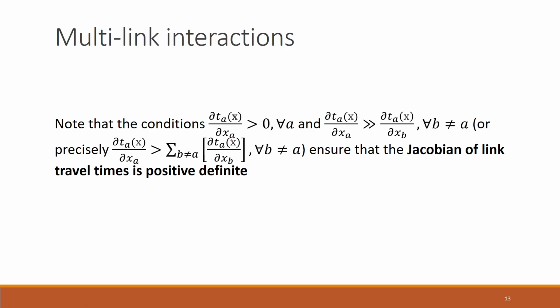Note that these conditions, that is the first one, that the travel time on link A is an increasing function of the flow on link A, and this one, ensure that the Jacobian of the link travel times is positive definite.